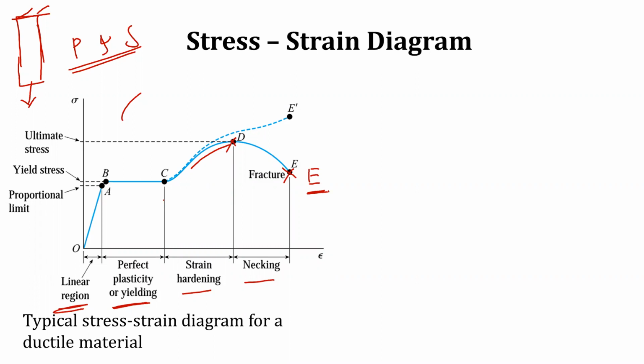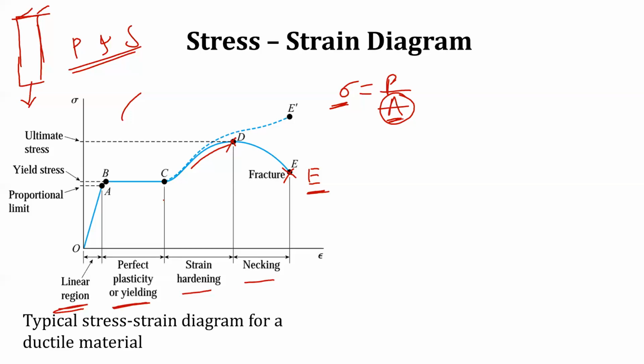While calculating this stress strain diagram, by definition, stress is basically P upon A. So for this solid line, while calculating the stress value, the area is constant. That's why the curve is like this. But in practice, if we increase the load, the area will not remain the same.